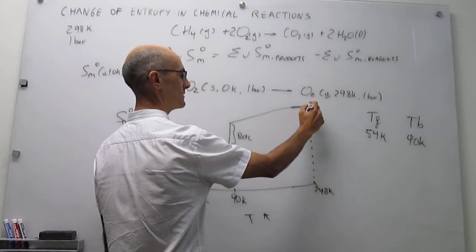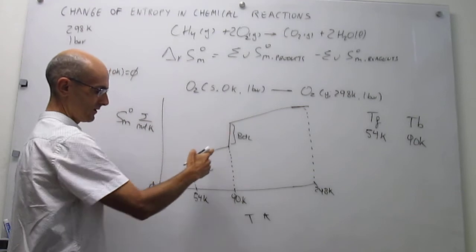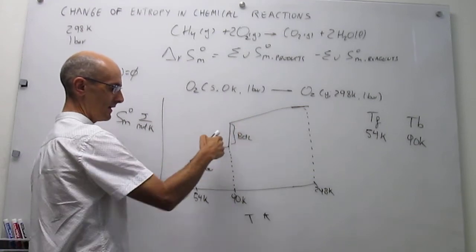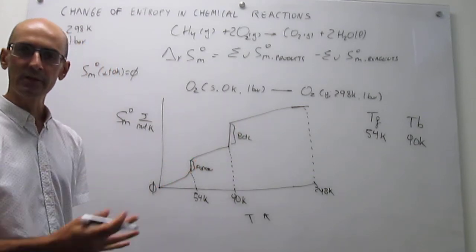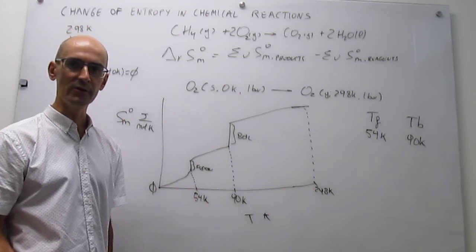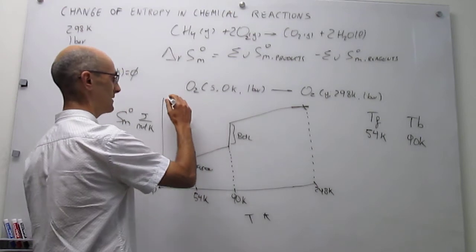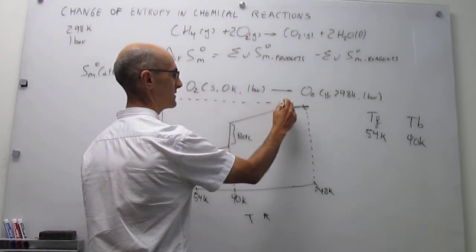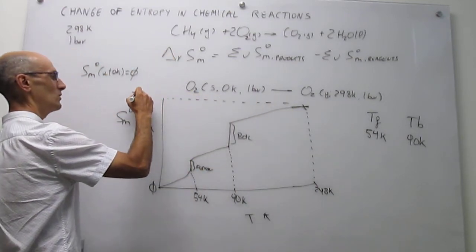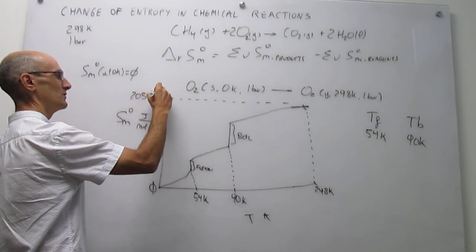This step simply corresponds to heating of the gas. So there are 3 heating steps and 2 phase transitions. Simply calculate the change in entropy in all of those, and you will get the molar entropy for that oxygen, and this number is known. Turns out that number happens to be 205 joules per mole Kelvin.